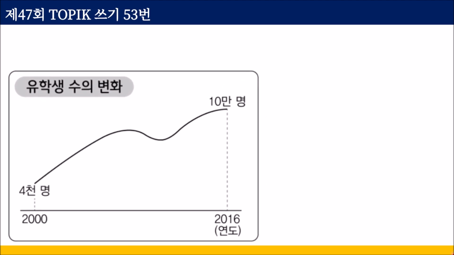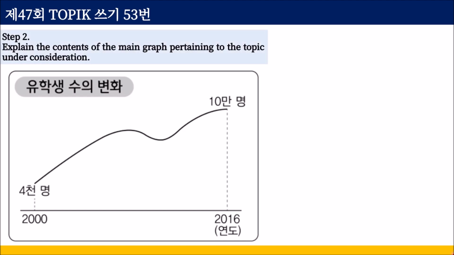Now that you have introduced what we are talking about in this interpretation or for your answer in 53번, we now proceed to the next portion. Explain the contents of the main graph pertaining to the topic under consideration. Since we are talking about this, we have to give an introduction also to the readers that, okay, this is the part that I will now be discussing.